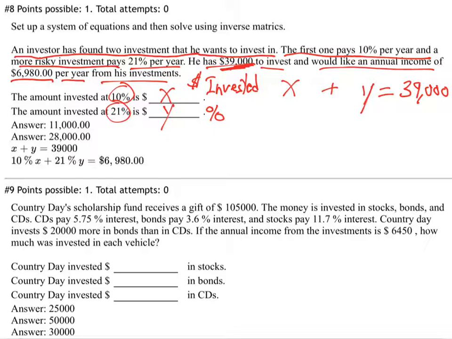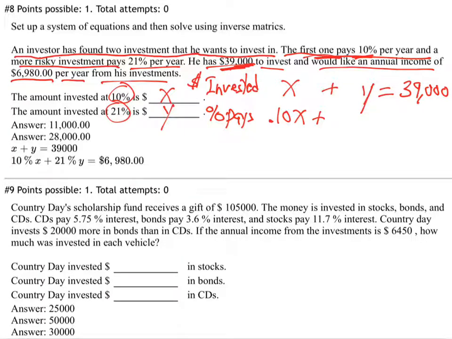And the next equation is going to be the percent interest, or the percent that it pays. Let's put it that way. So the first one pays 10%, so that's the X, so 0.10 times X. So however much money is invested in the first account, X, times 10% of that investment is what will be paid.